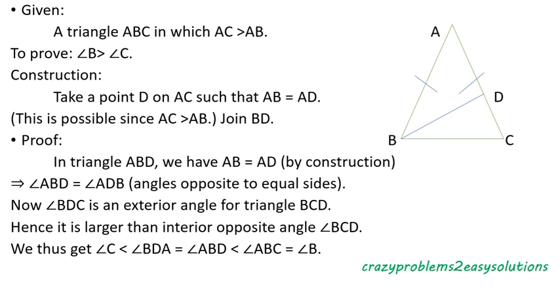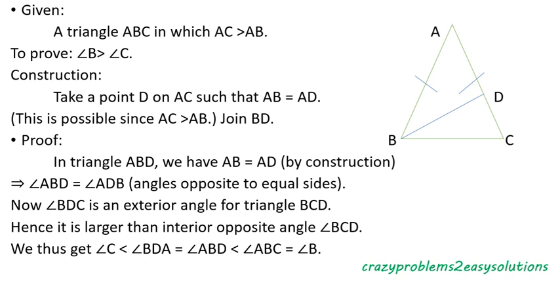So right now we have to construct one point D on AC. This is possible since AC is greater than AB, because AC is greater and AB is lesser. So we can say AB equals AD.